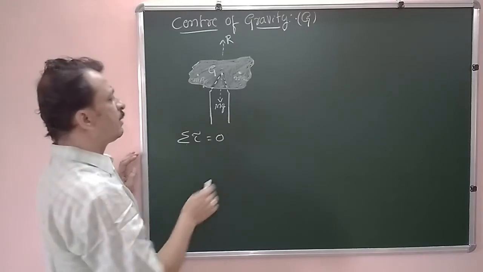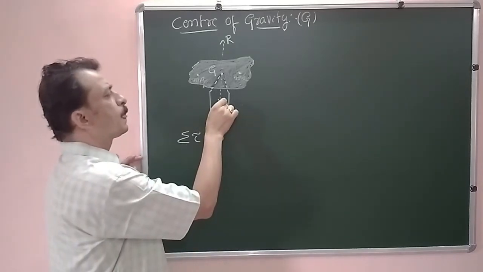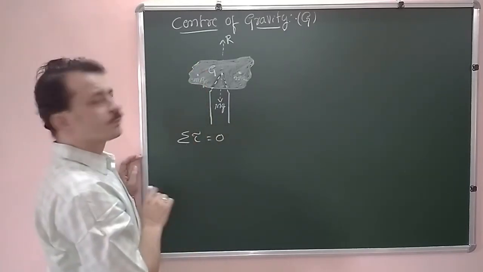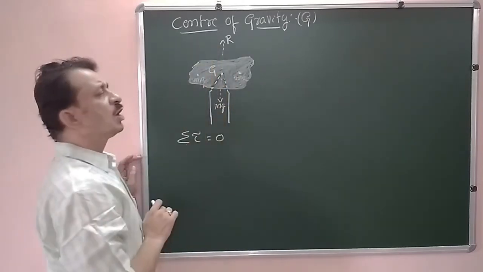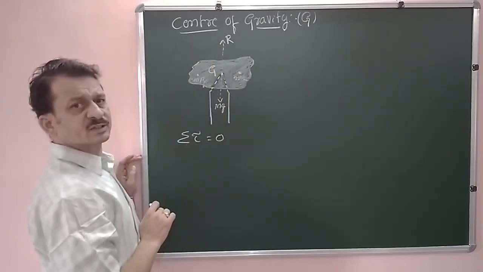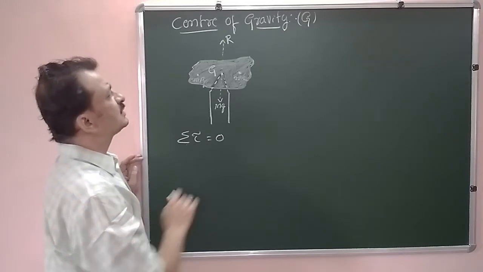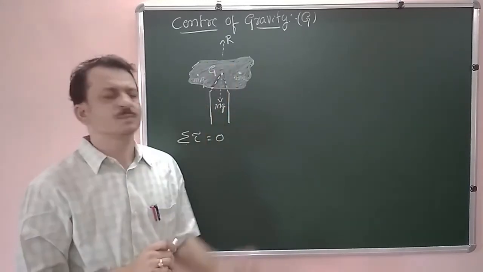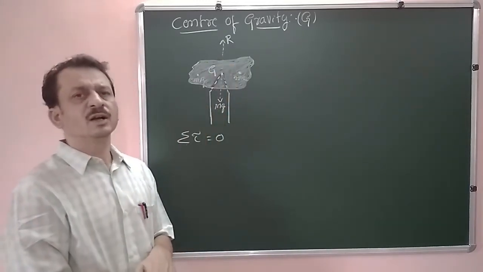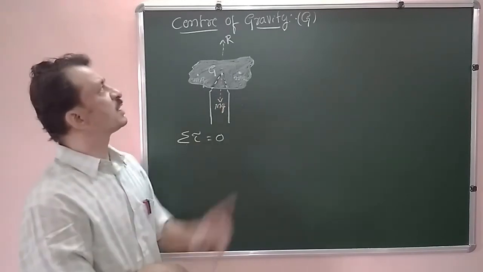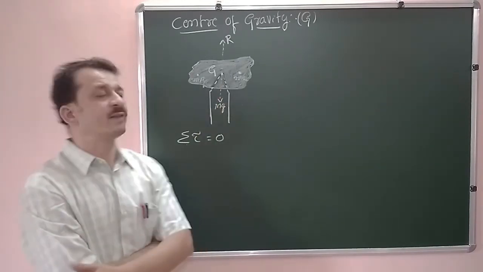At the same time, the tip of the pencil produces a normal reaction in the upward direction. If those two are balanced, then the cardboard is balanced exactly at the tip of the pencil, and that point corresponds to the center of gravity.